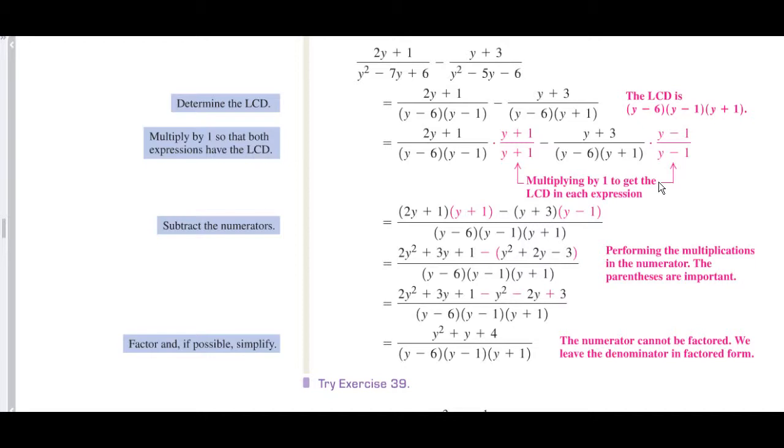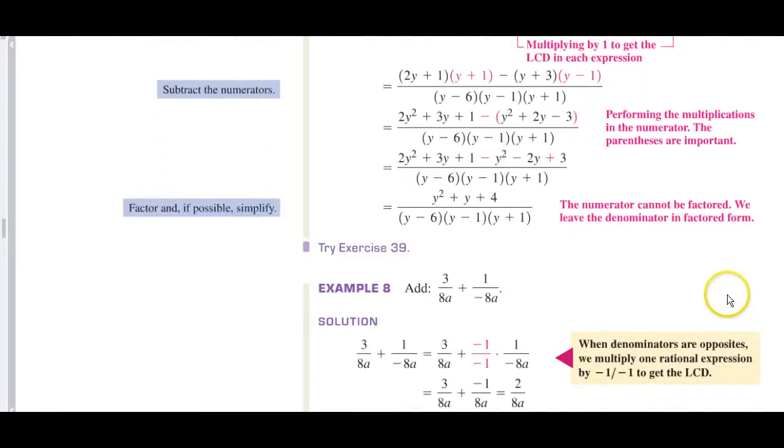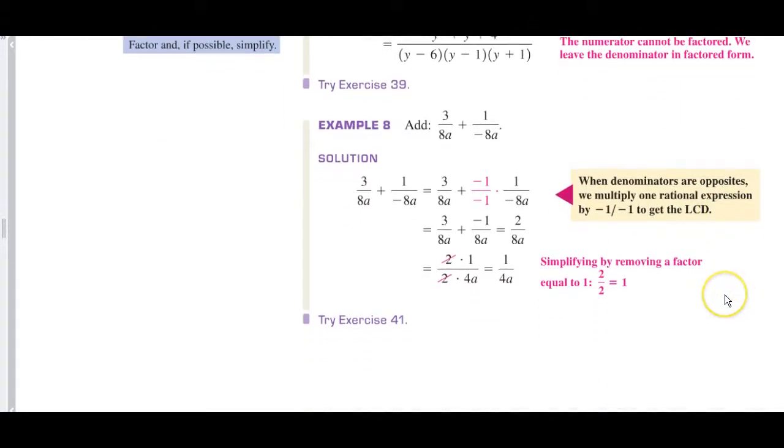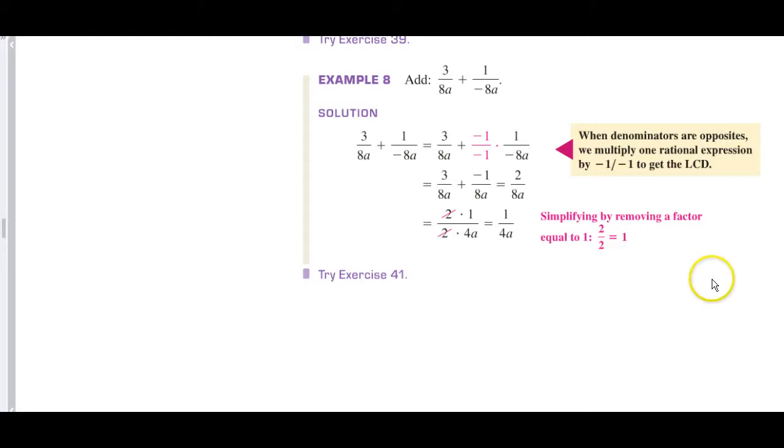Double checking your work is going to be very important to get the right answer. And these are a challenge. It may take 10 minutes to do just this one problem. Okay. Example 8. Now at least we have sort of an easy one. Maybe I could work this one out for you from scratch.